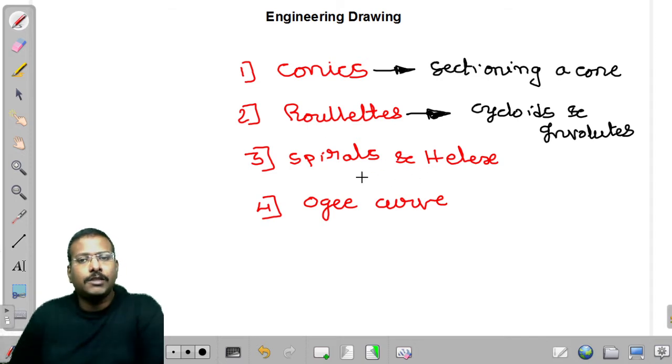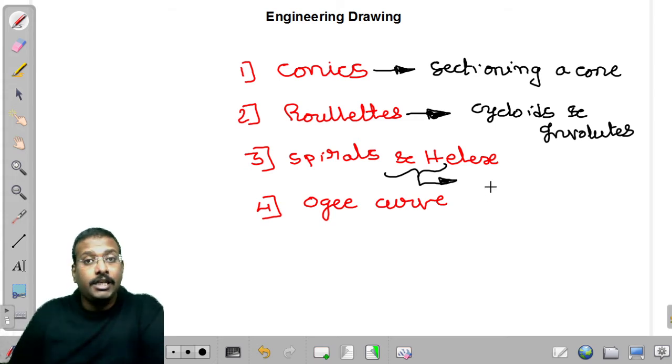And what about spirals and helix? Why are you keeping both in the same classification? The simple reason behind it is these two are the curves obtained by a point which is moving on an object. So in the first case, by sectioning, by cutting with a plane, we are going to get the shapes.